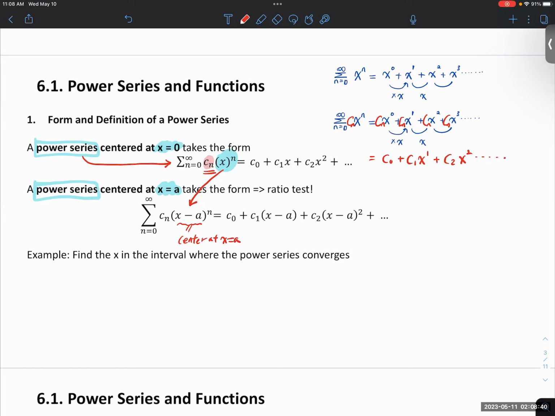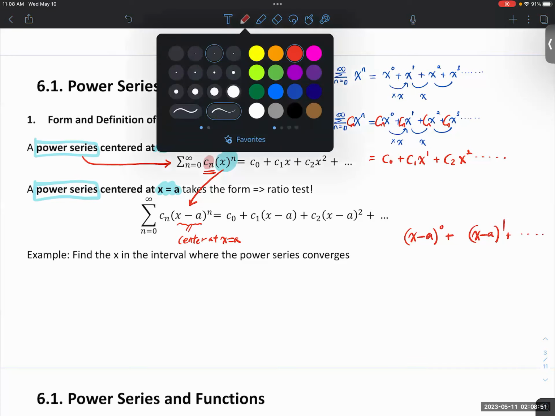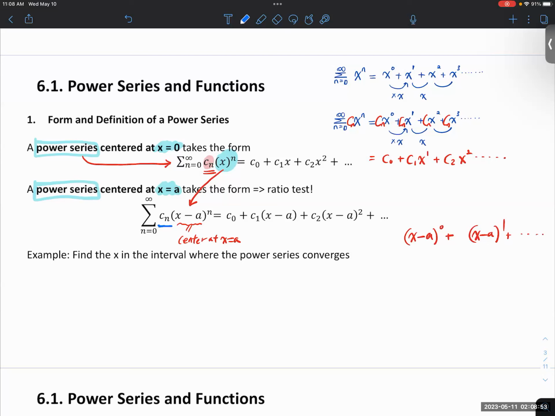It's the same pattern: you keep increasing x minus a to the 0, x minus a to the 1, and so on, but with a unique coefficient C0, C1, and so on. Obviously, it is also a geometric series, because you keep multiplying x minus a to find the next term. So that's the definition and form of the power series.